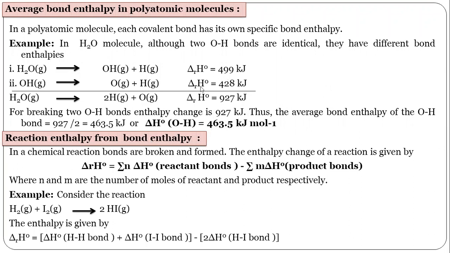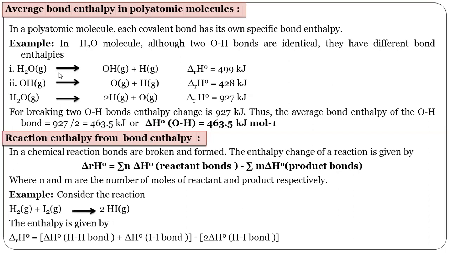This is the total bond enthalpy, but we have to calculate the average bond enthalpy. So the average bond enthalpy is given by 927 divided by 2. It is 463.5. This is the average bond enthalpy.